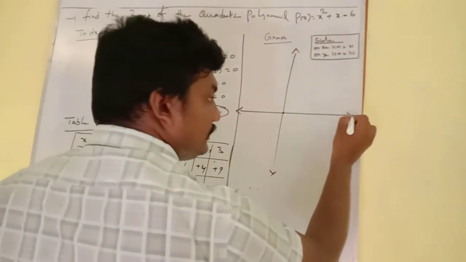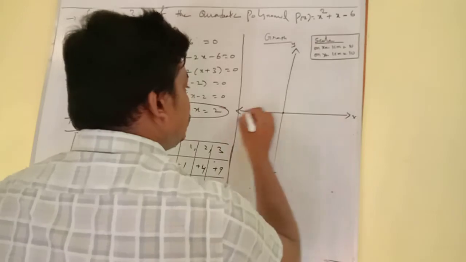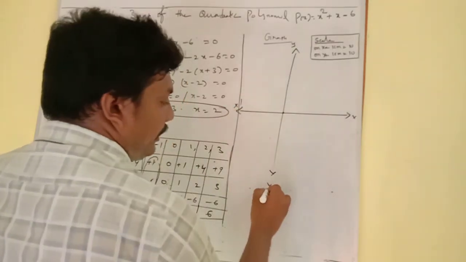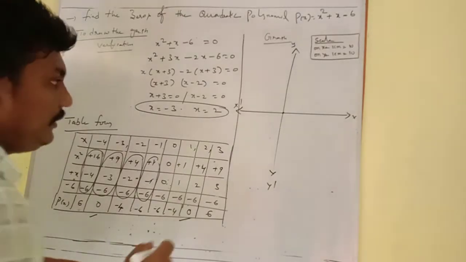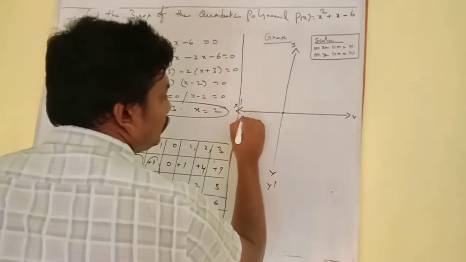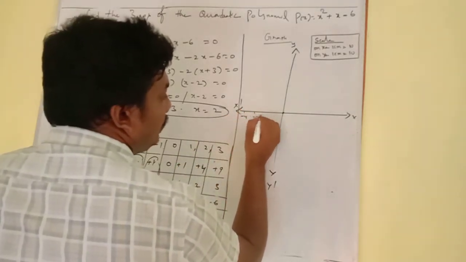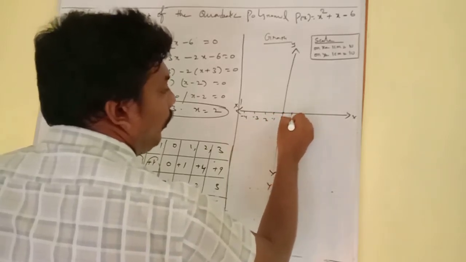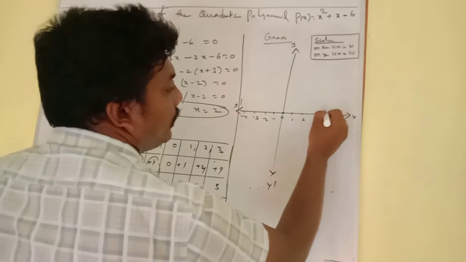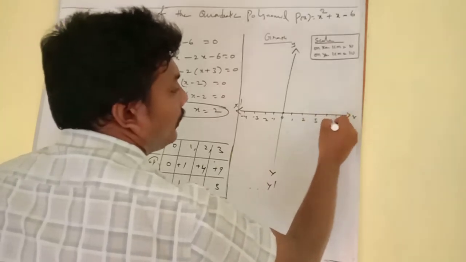So this is the x-axis now. This is the y-axis. This is x dash and this is y dash. Now the values from minus 4 to 3 we have to display: minus 4, minus 3, minus 2, minus 1, 0, 1, 2, 3, 4, 5 like that.